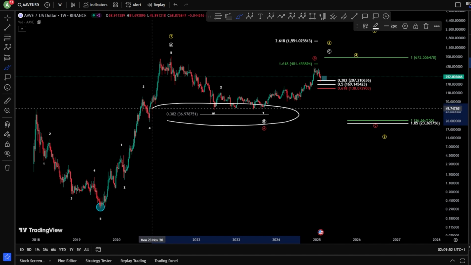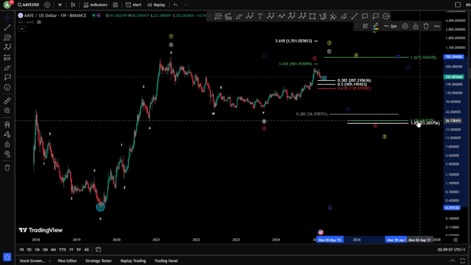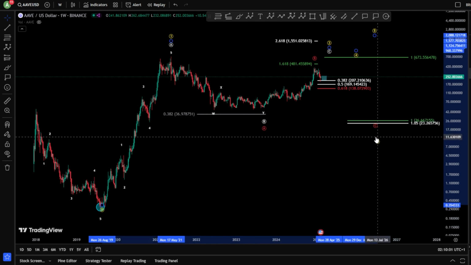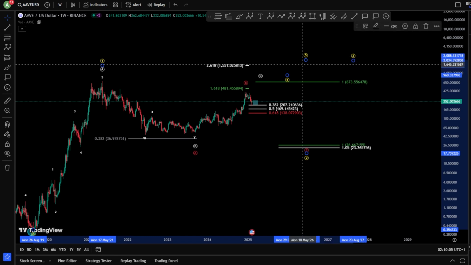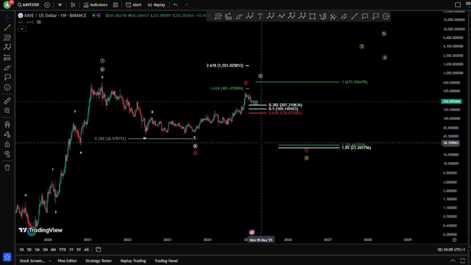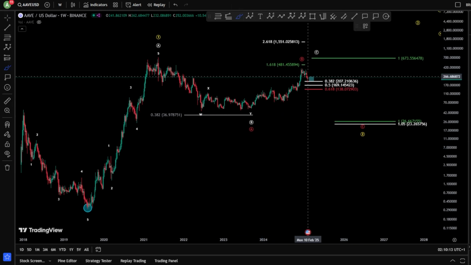And don't forget that we're going to take the 0.38 in this case scenario, in case we take the 1-to-1 fib level. This can open a potential for a wave 2 for a wave 3 later on, and for a 5. So these are the potential scenarios between bullish and bearish.